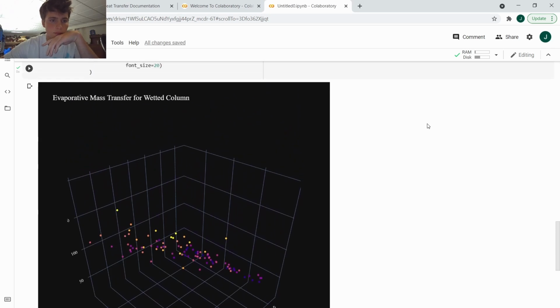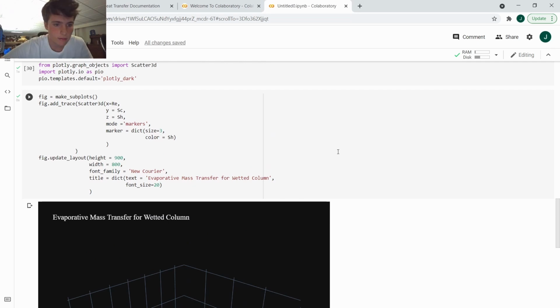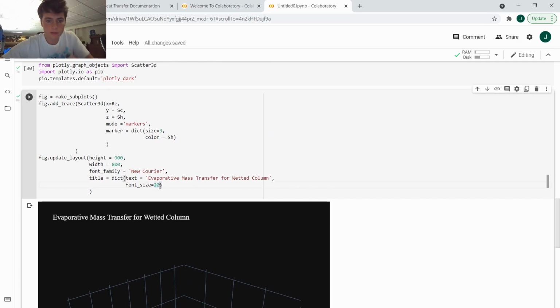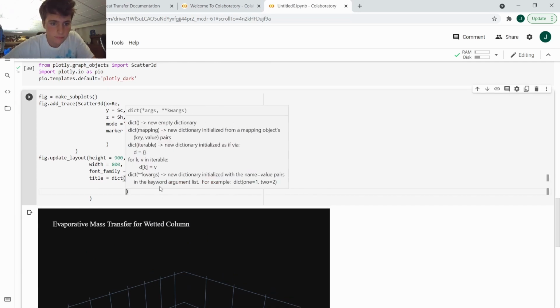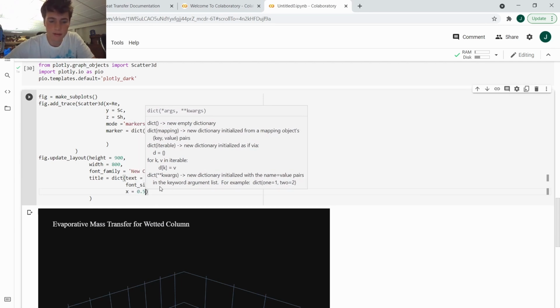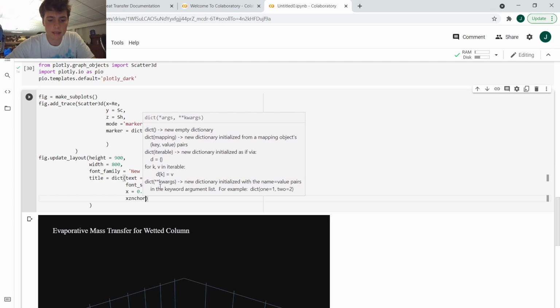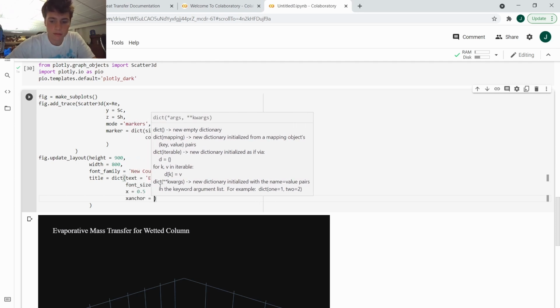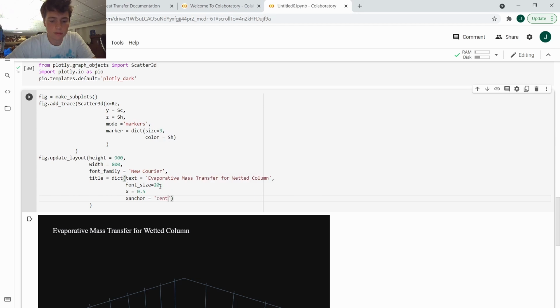Alright. We see that our title is to the left. We can center it by doing where we want to start it at, so 0.5 halfway, and then we can set an X anchor equal to center, like that.